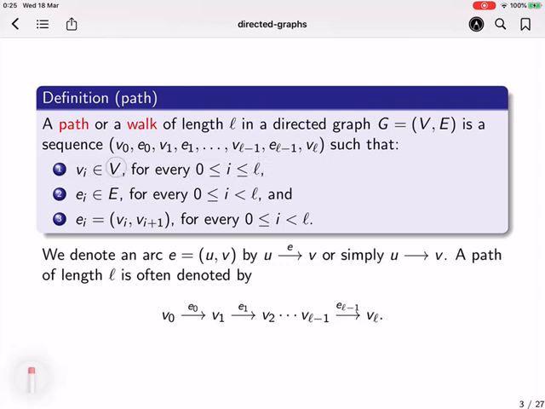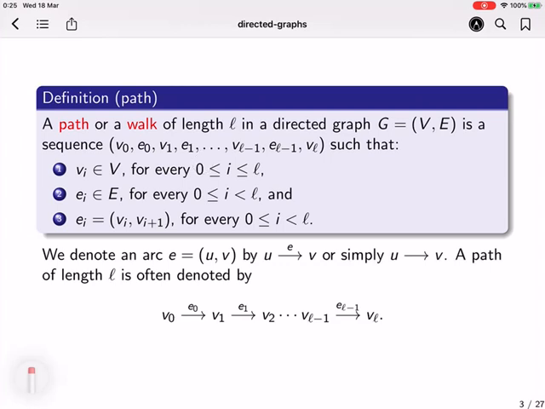They have to belong to the set V. The Ei's are edges. They have to belong to the set E. And each Ei connects the vertex before it with the vertex after it. So E0 connects V0 to V1, E1 connects V1 to V2, and so on.